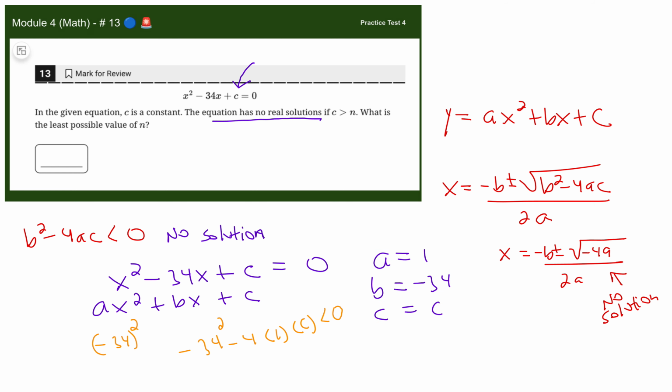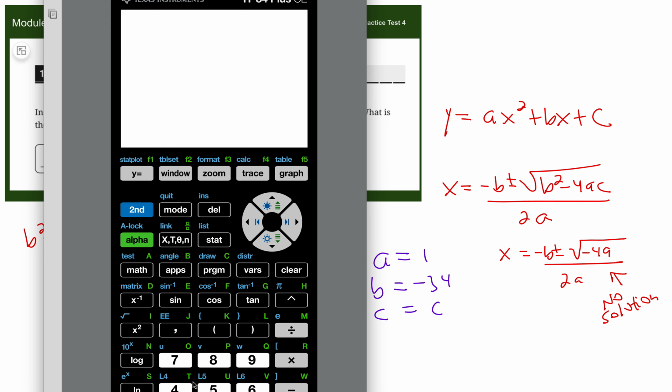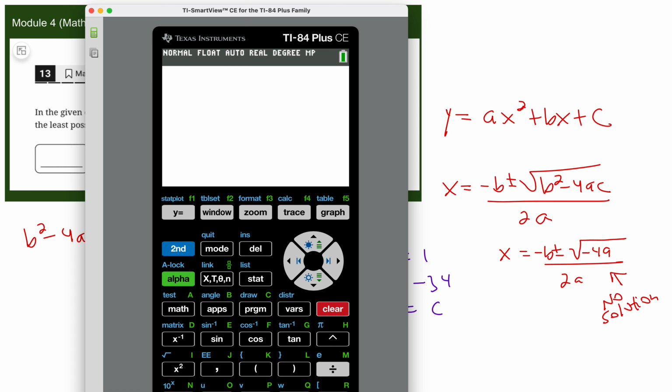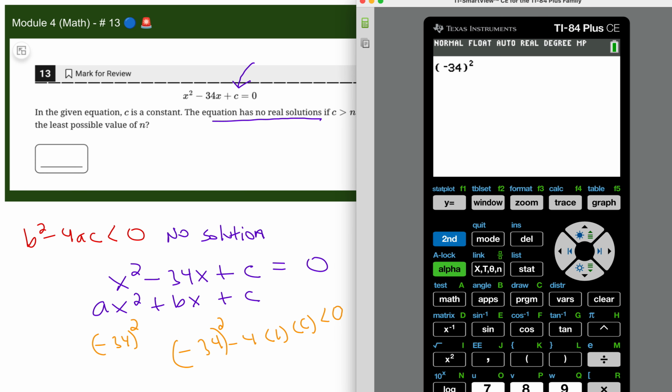Let's see what happens if we solve for c. Negative 34 to the power of 2 is 1,156.